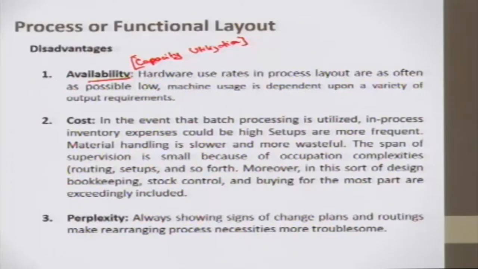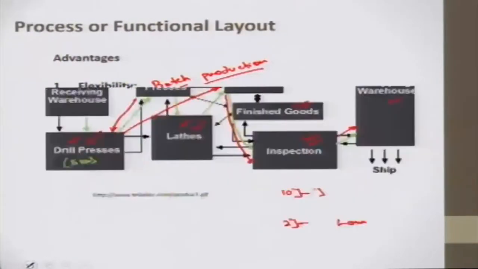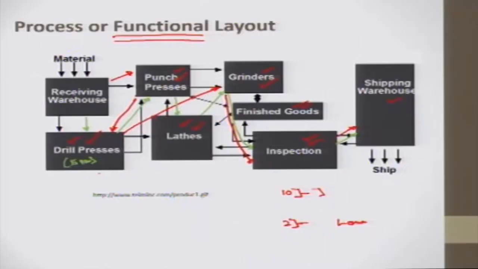Next is cost. In the event that batch processing is utilized, in-process inventory expenses could be high and setups are more frequent. In-process inventory here: for example, a drill press is taking 50 seconds for processing, for doing one job. Now this one is taking, for example, 150 seconds. So what is happening? 150 minus 50, 100 seconds is the waiting time for one job here, and here we will have stacking.